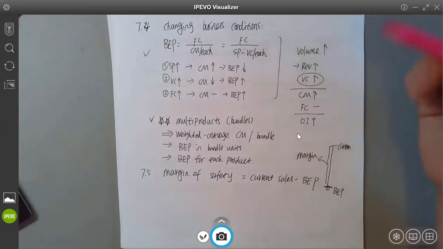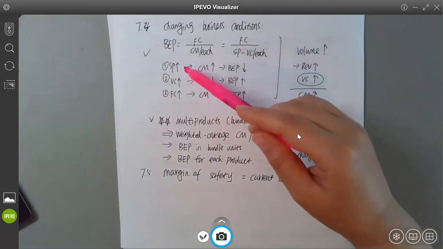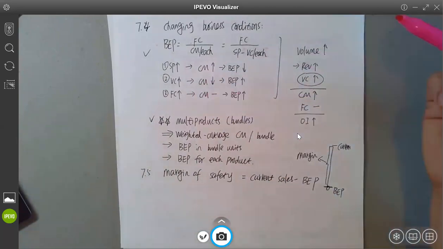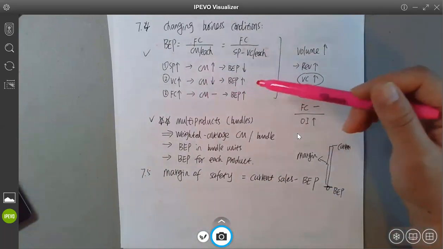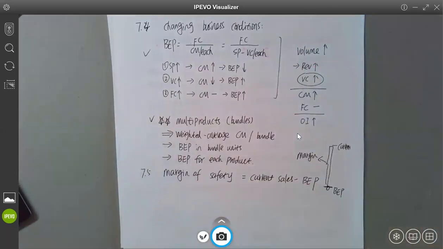And then the textbook gives you different situations. One is selling price increases, variable cost increases, fixed cost increases, what will happen to our break-even point. And another thing is when you change one of the numbers.